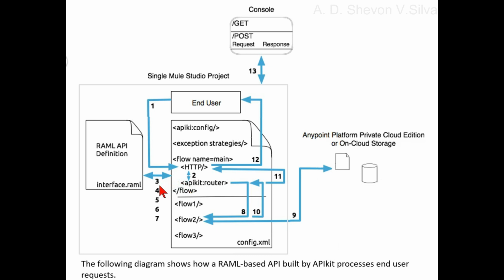In step 3, the router checks with the interface to confirm that the resource action pair exists in the interface. Step 4, here the router checks to see if a body is defined as part of the request.